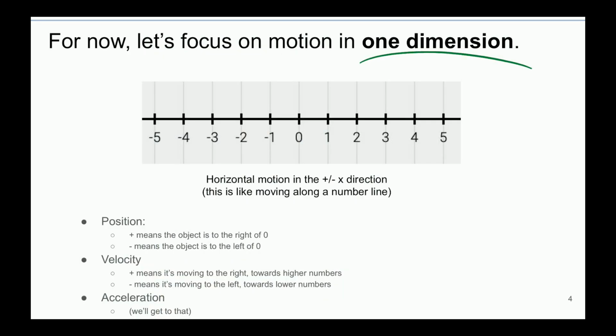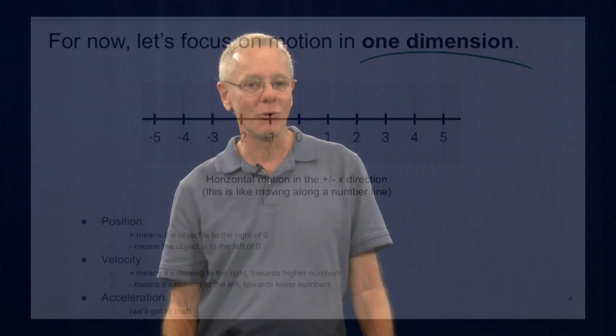For the rest of this presentation, I'm going to focus on motion in one dimension. It's a little easier to discuss, so my acceleration will be more about slowing down and speeding up. As we learned in the prior episode, we can look at the plus and minus sense of position and velocity and determine what's happening in real life, right? So I'm going to step over to the table here.